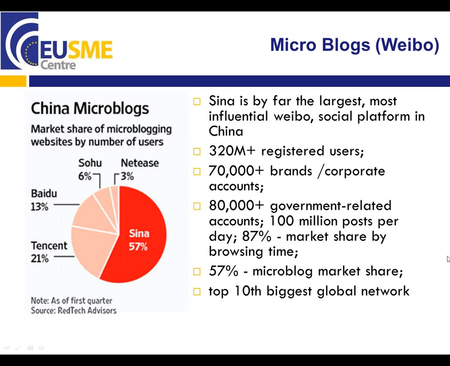They have 320 million plus registered users. 70,000 brands and corporate accounts are also on that platform. 80,000 plus government-related accounts, so whether it's regional government officials, state-owned organizations. And they have 100 million posts per day.